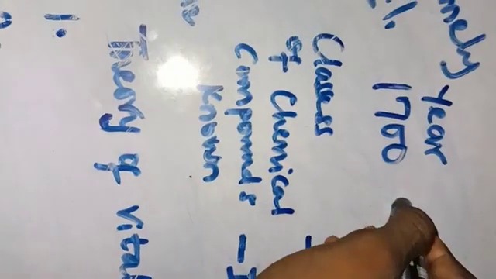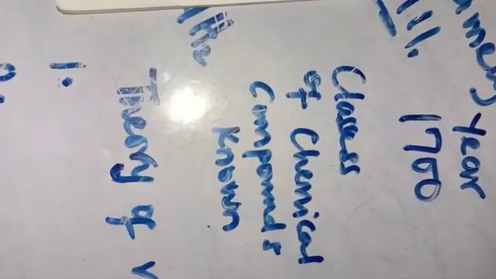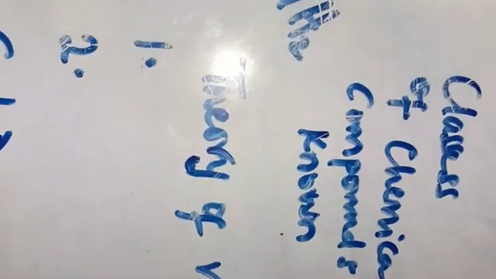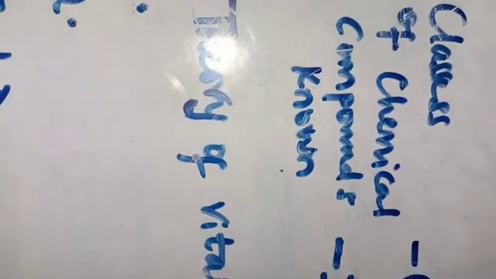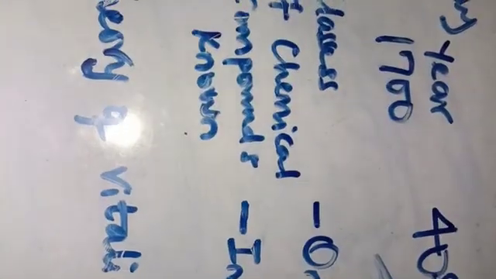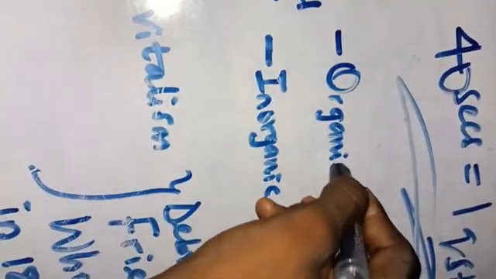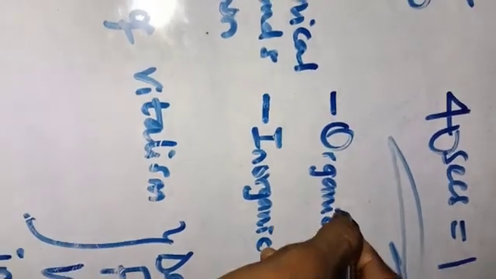So we've just learned so far that in the year 1700, chemists believed the classes of chemical compounds that are known are subdivided into organic and inorganic compounds. You can't convert an inorganic substance back to an organic substance, so you can't convert this to this.